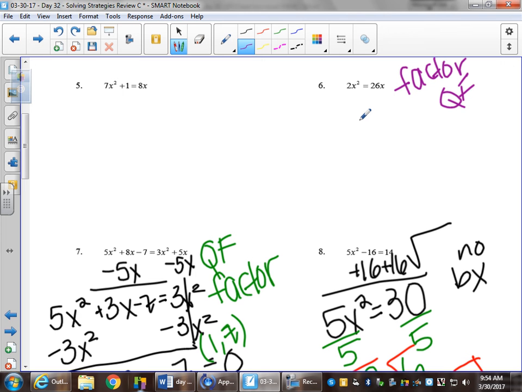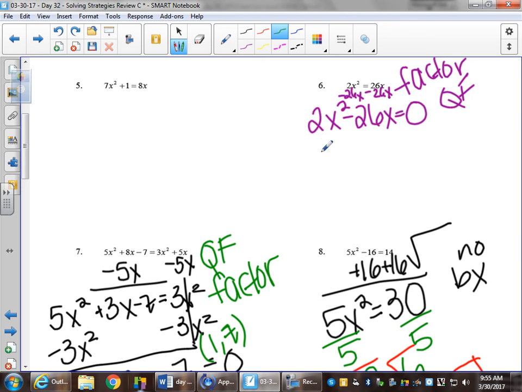What do I first have to get set equal to? So we have 2x squared, and we subtract 26x on both sides. I subtracted 26x from both sides because we have to get it equal to 0.